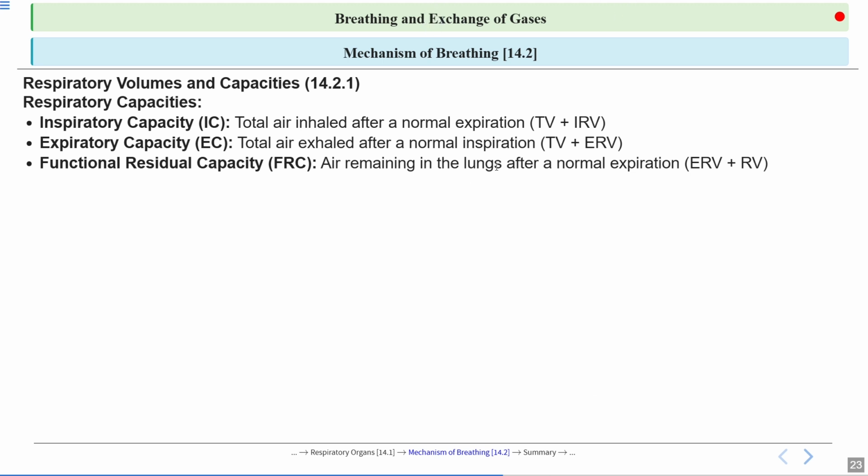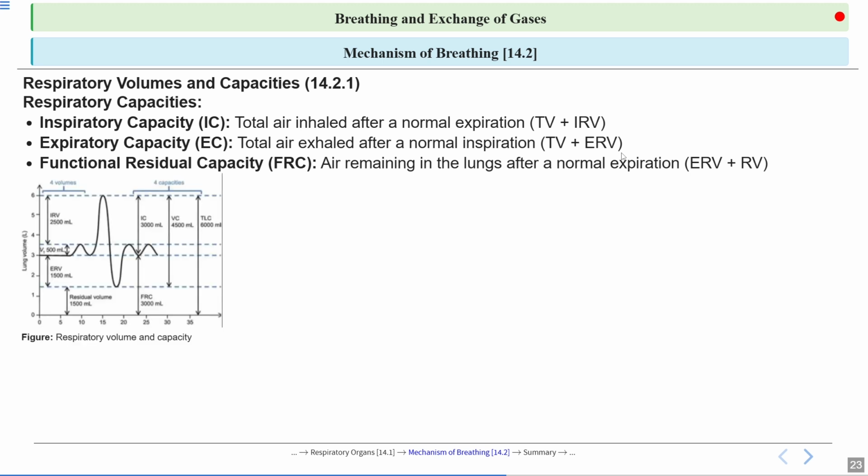So this is different from residual volume, which was the volume remaining in the lungs after a forceful expiration. The formula for functional residual capacity is ERV plus RV, expiratory reserve volume plus residual volume. Again, in this image, you can see the different respiratory capacities and volumes.